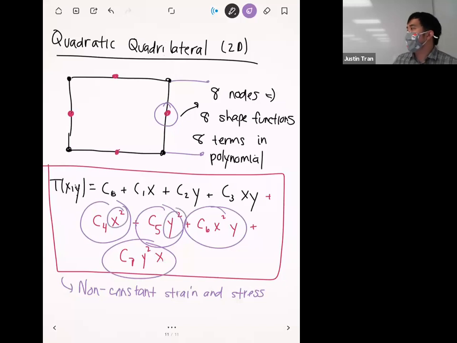And so if we look at the C4 term as an example, right? And so we take the derivative of the C4 term with respect to x, we get 2C4x, right? And so we still have that x term in there. And so what that tells us is that there's still ways for the strain to vary within that element, right? And that's really important when you're doing structural mechanics, because then you avoid that shear locking phenomenon that we talked about before. Okay?